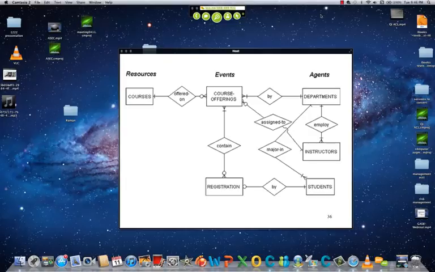Okay, let's look at course offering and registration and students. A registration must be made by one student. A registration, let's say, is associated with exactly one student.